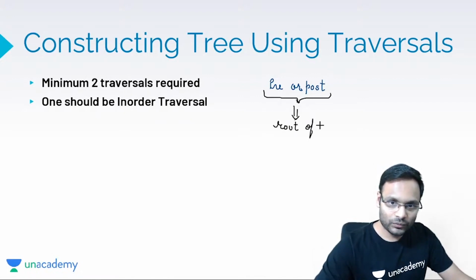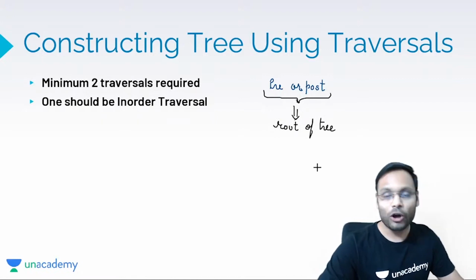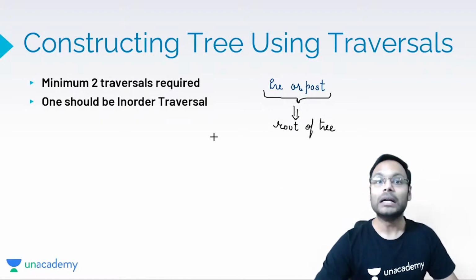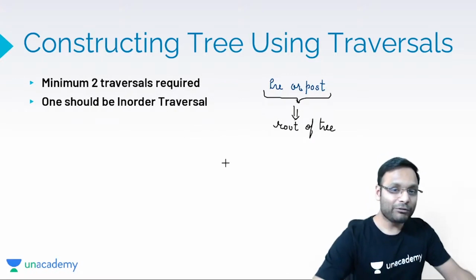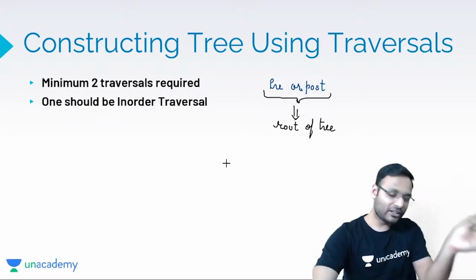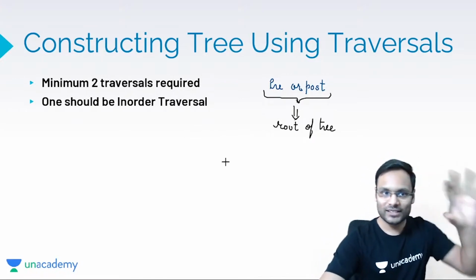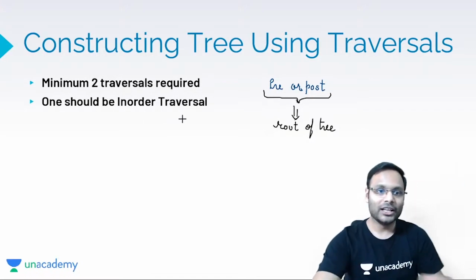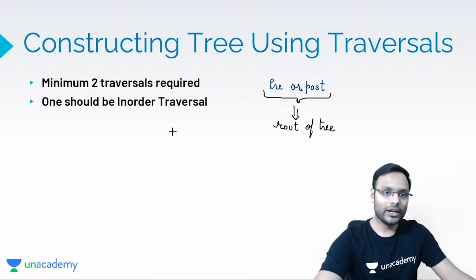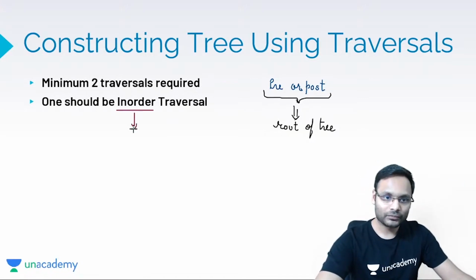Any tree, pre-order or post-order, can give you the root. But if you want to identify left and right subtree uniquely, that this is the left child, this is the right child, then you will need inorder. Inorder helps in what? To identify left and right subtree uniquely.